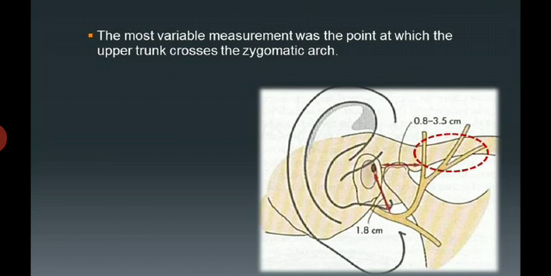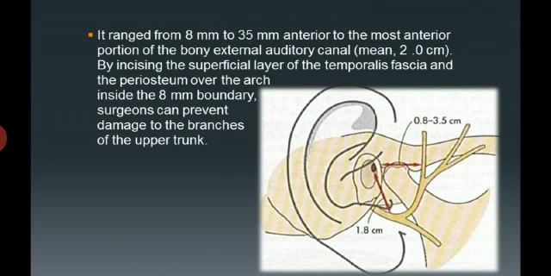The most variable measurement was the point at which the upper trunk crosses the zygomatic arch. It ranged from 8 mm to 35 mm anterior to the most anterior portion of the bony external auditory canal. By incising the superficial layer of the temporalis fascia and periosteum over the arch inside the 8 mm boundary, surgeons can prevent damage to the branches of the upper trunk.